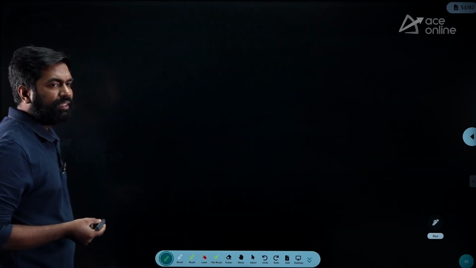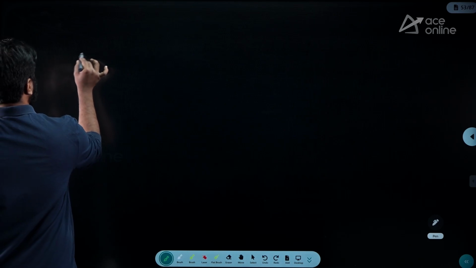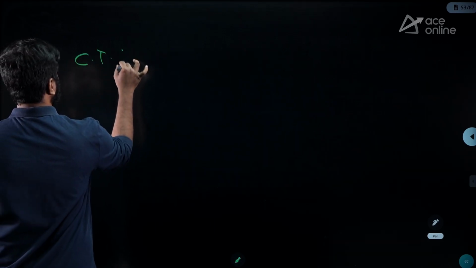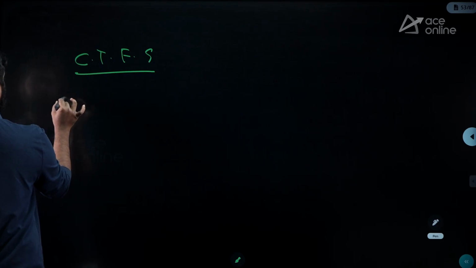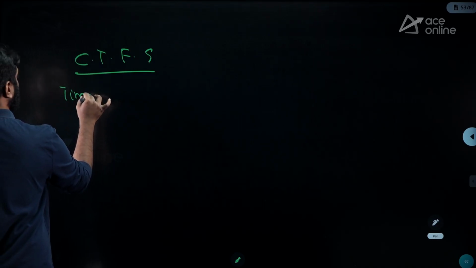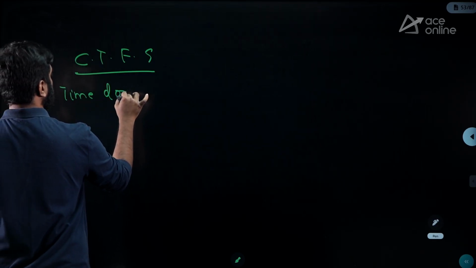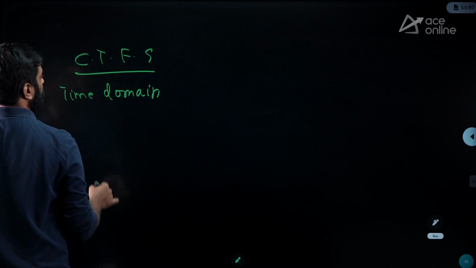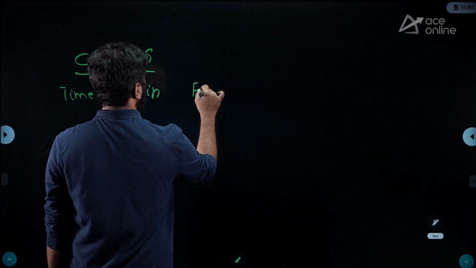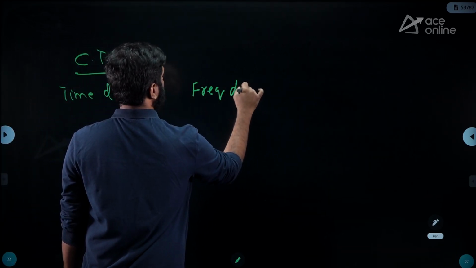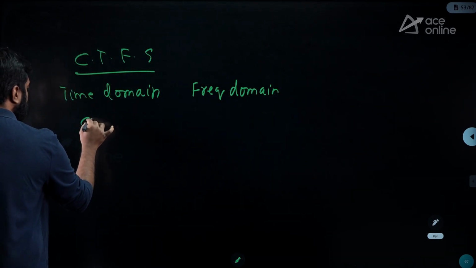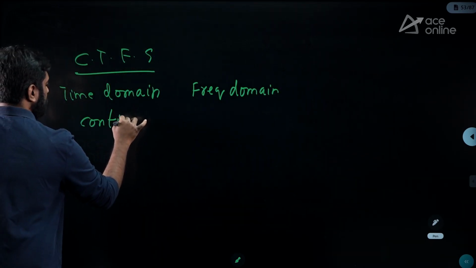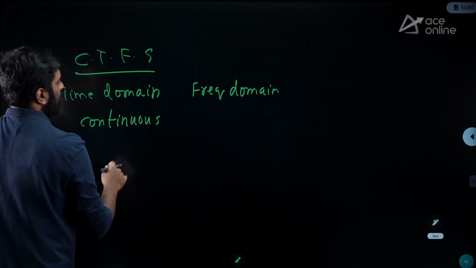So what happens in CTFS, I tell you. In CTFS, this is the time domain versus the frequency domain. In the time domain, the signal is continuous and periodic.